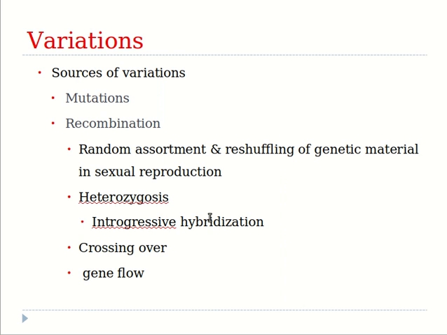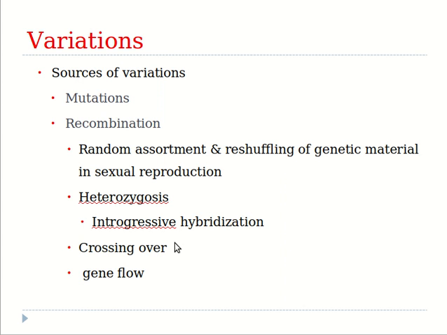As a result, some genes of one species are introduced into the genotypes of another species, thereby increasing the genetic variability. Especially we can get examples from the plant kingdom, and there are plenty of examples there. So that is referred to as heterozygosis.